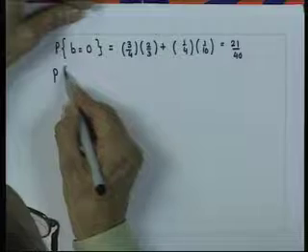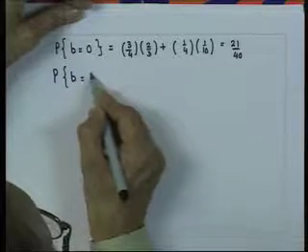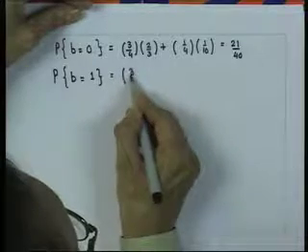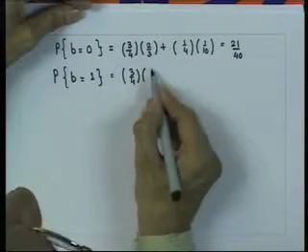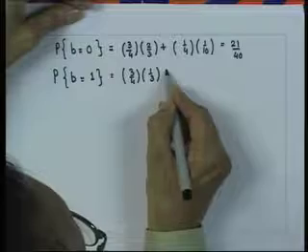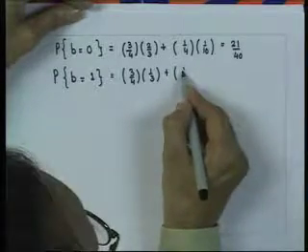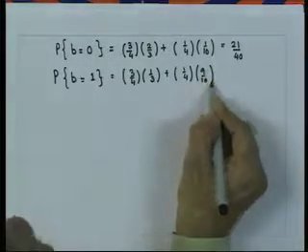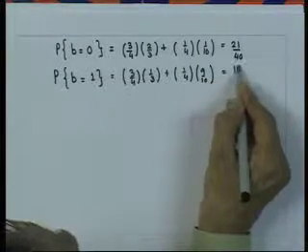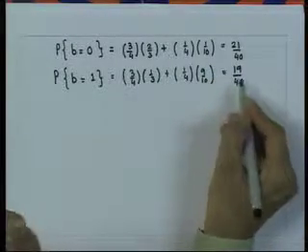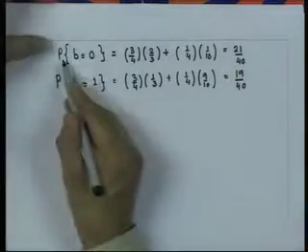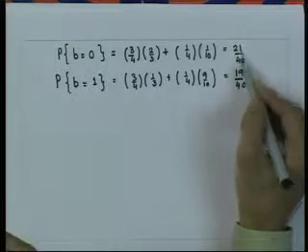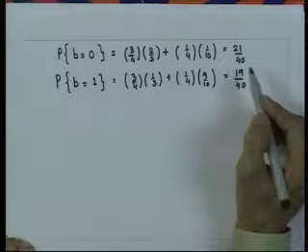So, similarly probability B equal to 1 is equal to 3/4 times 1/3 plus 1/4 multiplied by 9 by 10, and this is equal to 19 by 40. So, as a check, probability of B equal to 0 plus probability of B equal to 1 should sum up to 1.